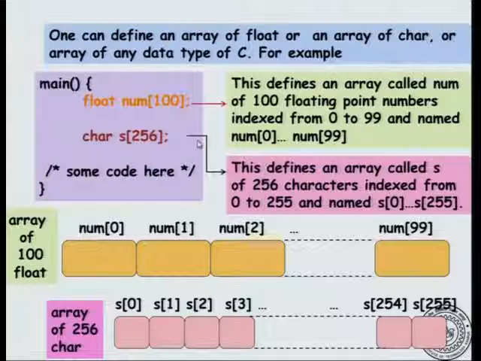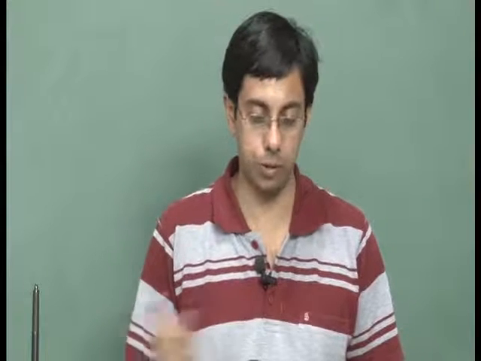So you can declare a floating point array, and you can visualize it as 100 floating point boxes allocated consecutively. That is the important part. The consecutive locations in the memory, one after the other, will be allocated for the same array. Now for a character array, similarly 256 boxes are allocated one after the other.